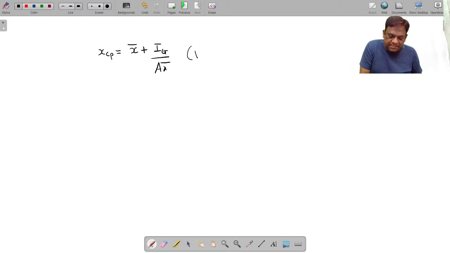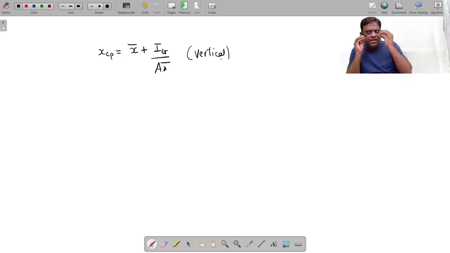In case of vertical surfaces, tell me, under what conditions are the center of gravity and center of pressure almost the same?